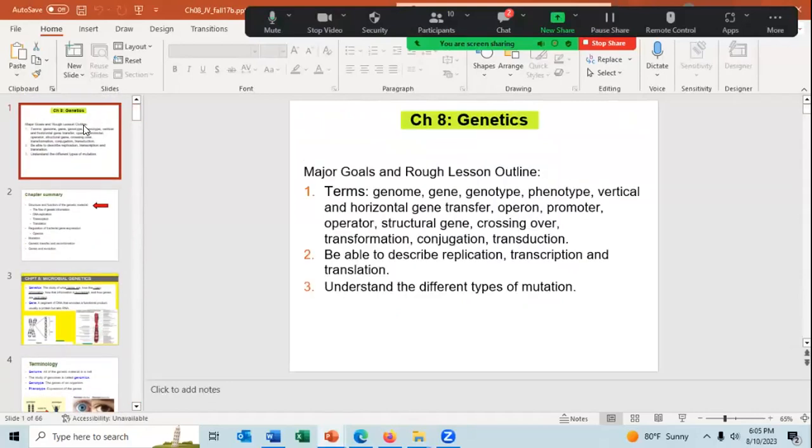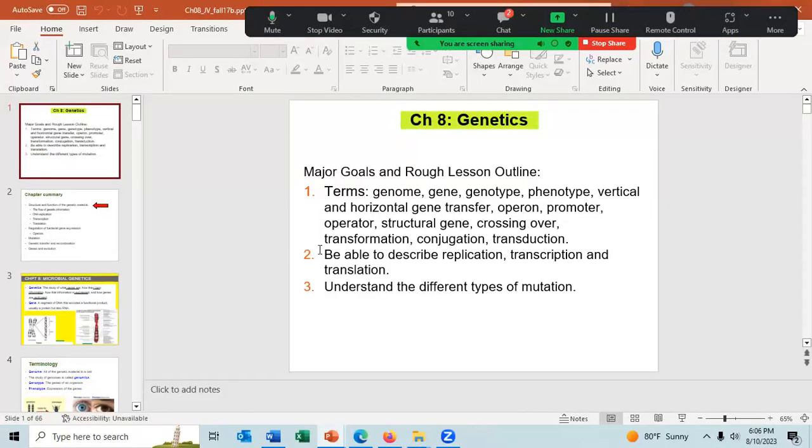All right, chapter 8. This slide is giving you the major goals and a rough lesson outline. One, know the terms. What's a genome? What's a gene? What's a genotype? What's a phenotype? What's vertical and horizontal gene transfer? What's an operon? What is a promoter? What is an operator? What's a structural gene?